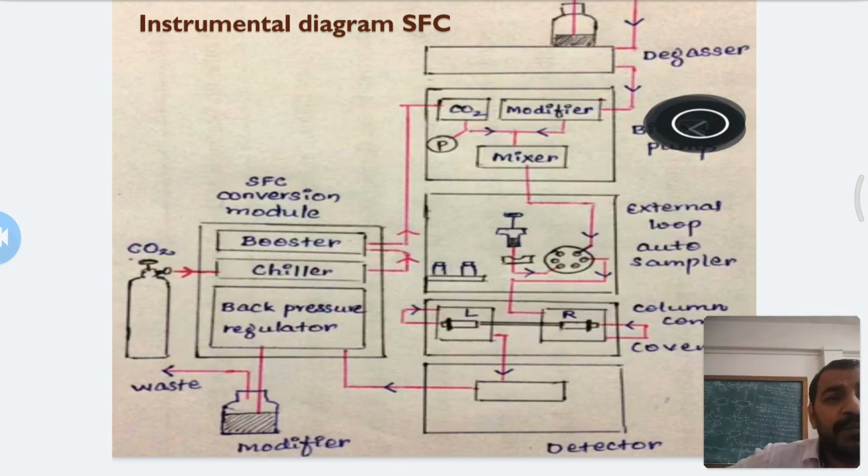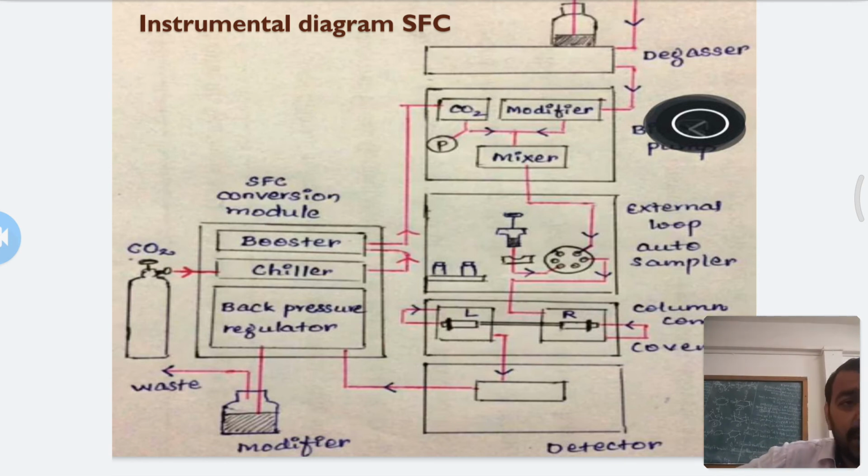The pure CO2 gas passes through the degasser and then into the pumping system. In this pumping system, CO2 is converted into supercritical fluid form, and then the modifier and the CO2 supercritical fluid are mixed and transferred towards the sampler holder.